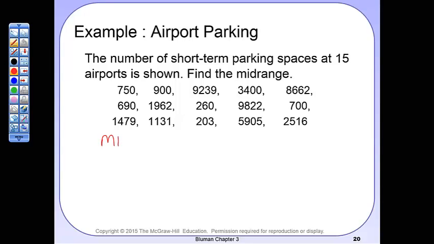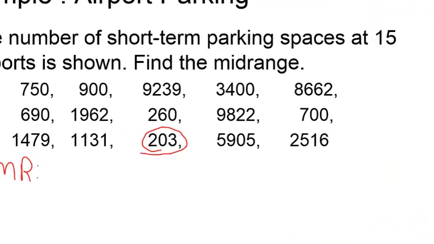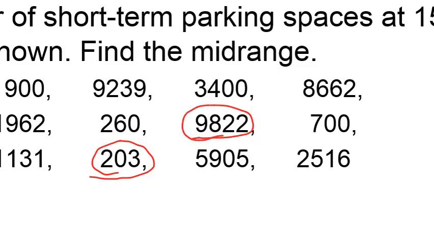So the mid-range, for this, we need to identify the highest number and the lowest number. Well, our lowest number is going to be 203. Our highest number is going to be 9,822.